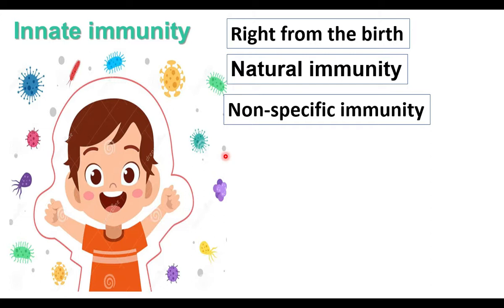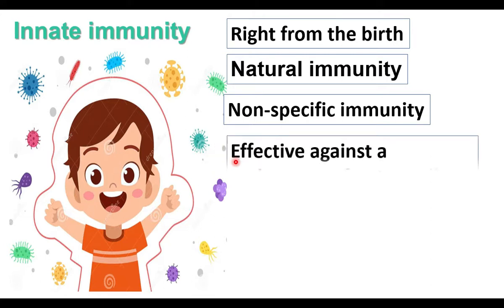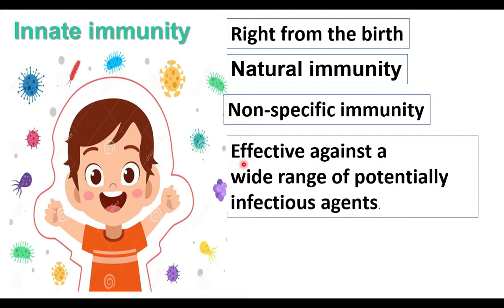That is specific immunity. Innate immunity is non-specific immunity. It is effective against a wide range of potentially infective agents. A lot of disease-causing agents affect different animals, chickens. These organisms do not affect the human body because we have innate immunity.